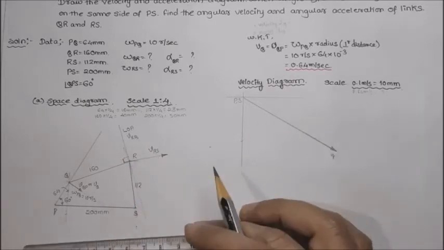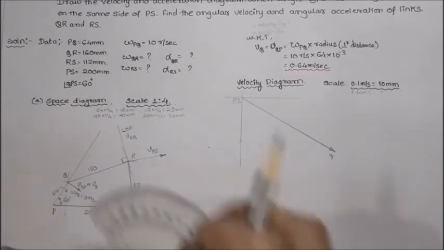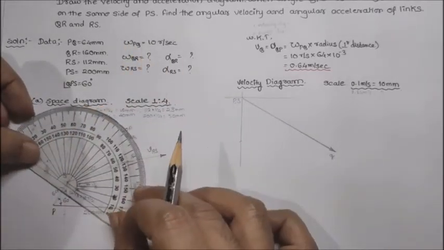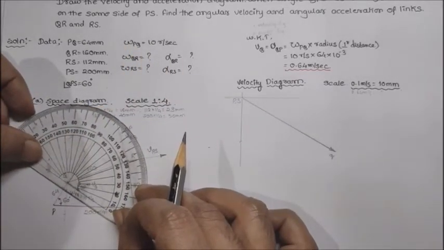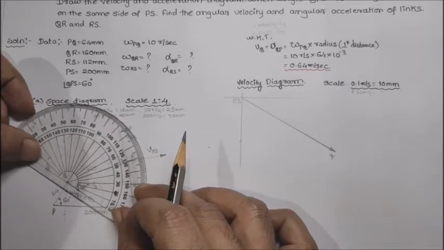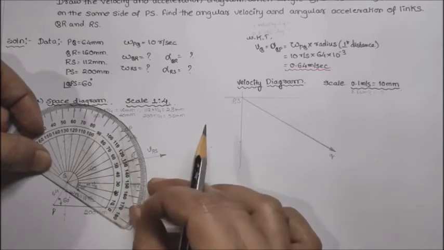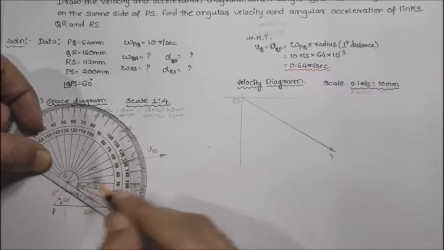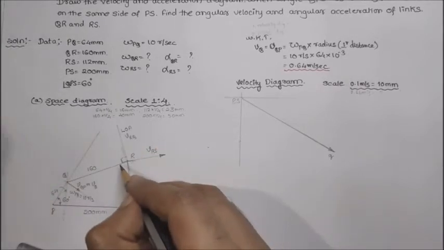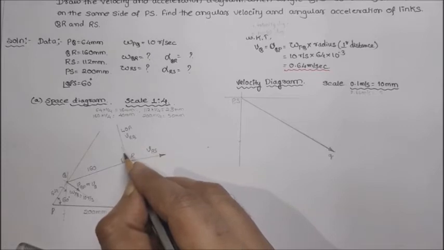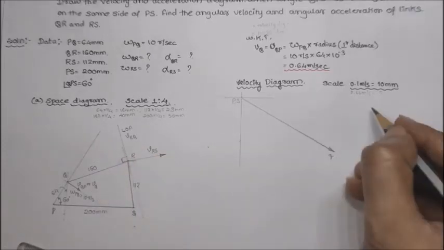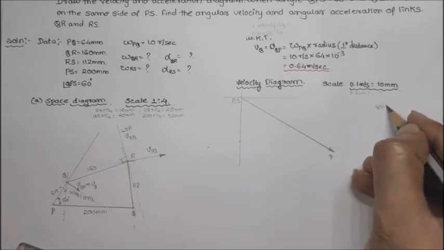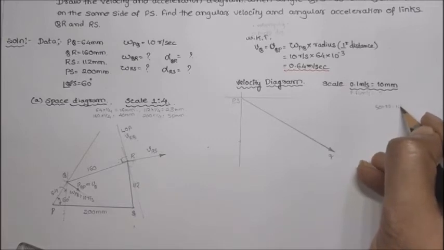So for that, first we'll measure here, so here the measurement is 50. Okay, and next we are having this measurement. This measurement here is 90. 50 plus 90, it will be 140.